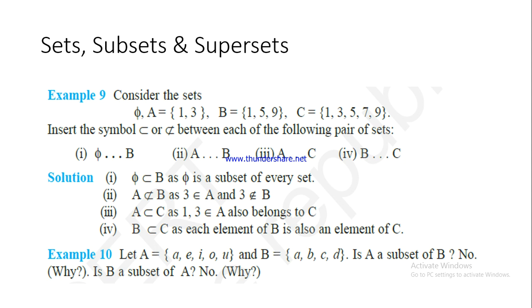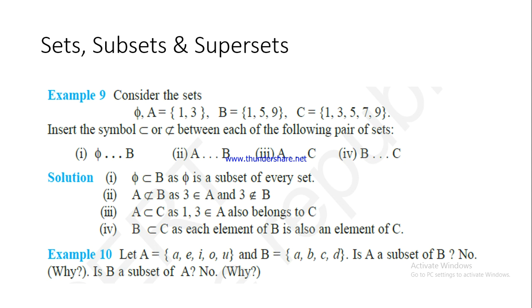Let's have a look at the second question. A has 2 elements, 1 and 3, and B has 1, 5, 9. You would be able to spot that 1 is present in both the sets, while 3, which is present in set A, is not present in set B. And we had seen that the subset should have all the elements.